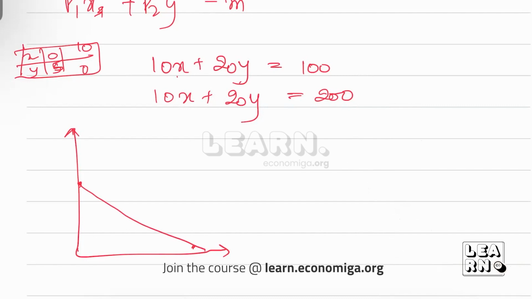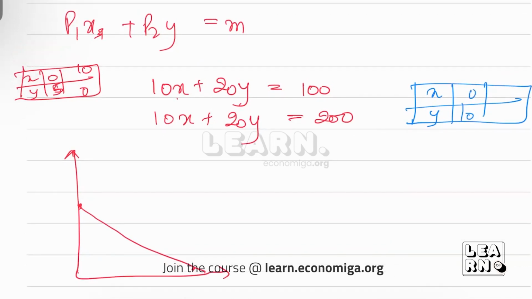Now for the second budget line, when x is 0, then y is 10. When y is 0, x is 20, right? So you have 10 and 20.